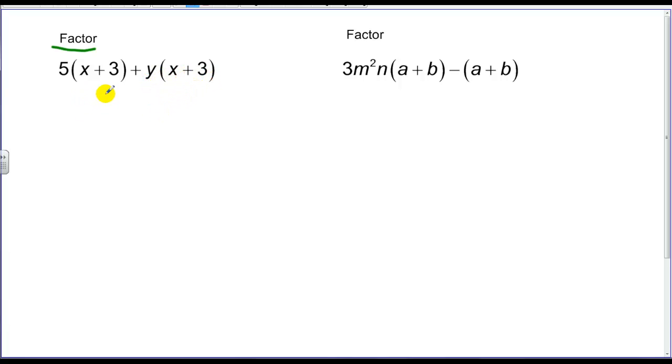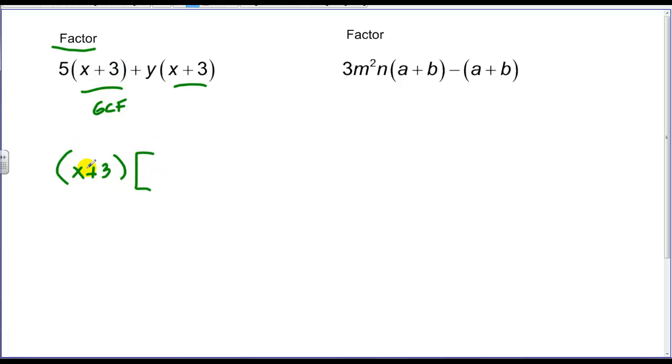So the GCF in this case is really the binomial x plus 3. So if I factor the GCF out, I say, well, x plus 3 times something is going to give me this term back.